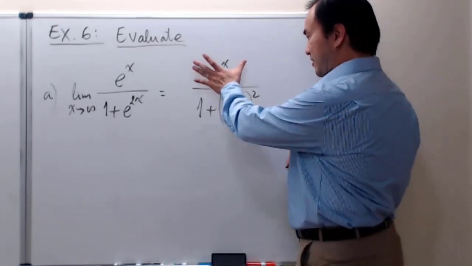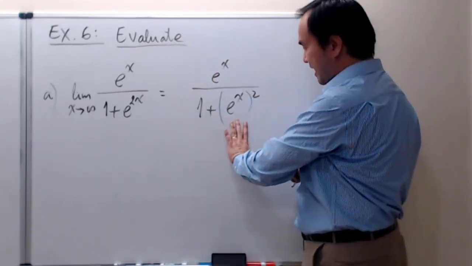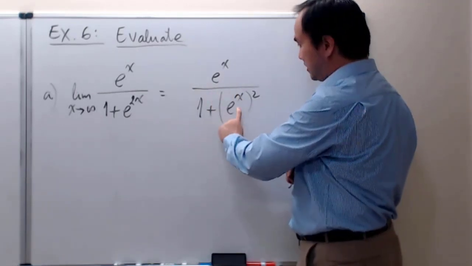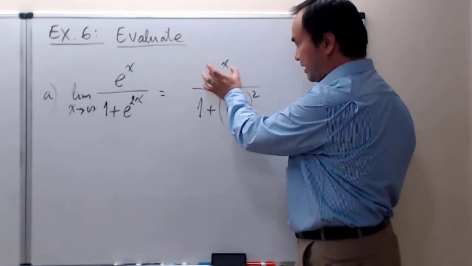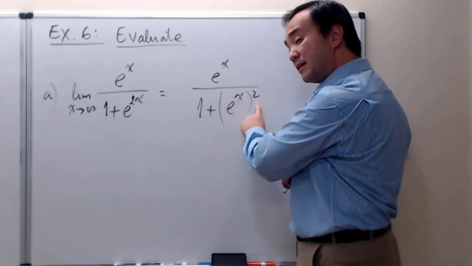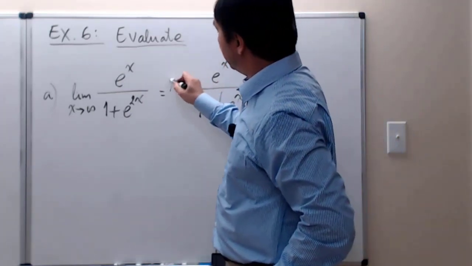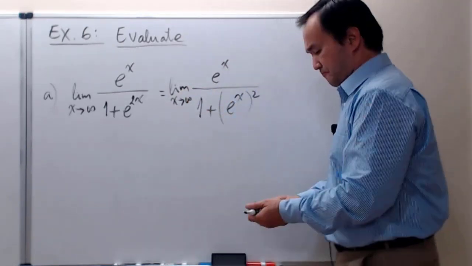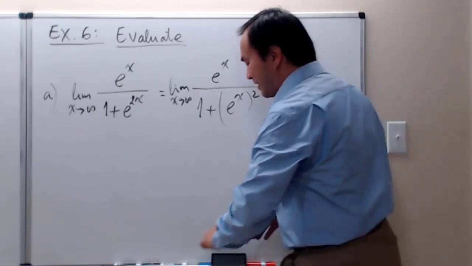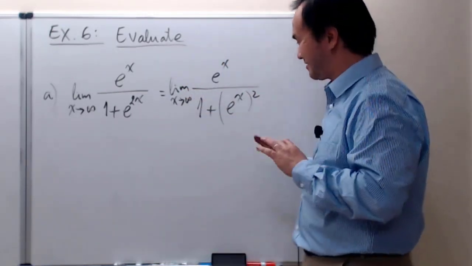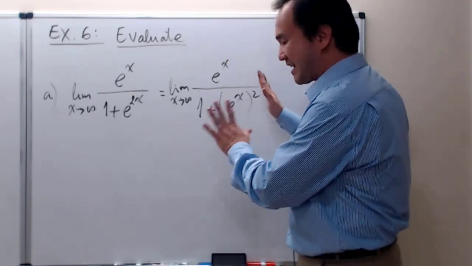But now if you observe the entire expression together, we're able to see that repetitive e to the x expression here. We have e to the x in the numerator and e to the x again with some other power in the denominator, and x goes to positive infinity. This is not really a formal term, but I developed it on my own because this is how I see it.